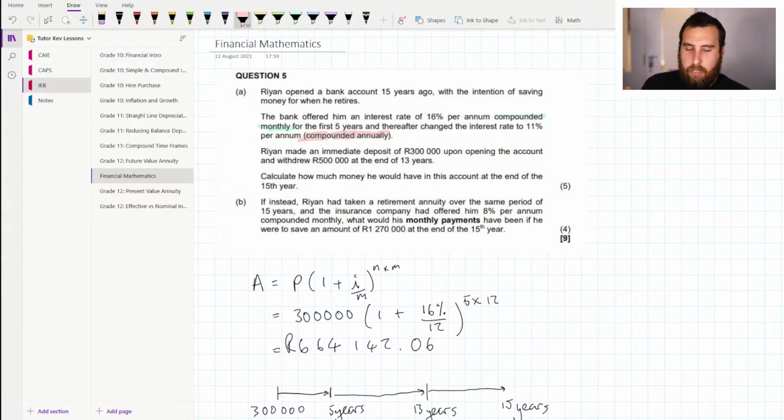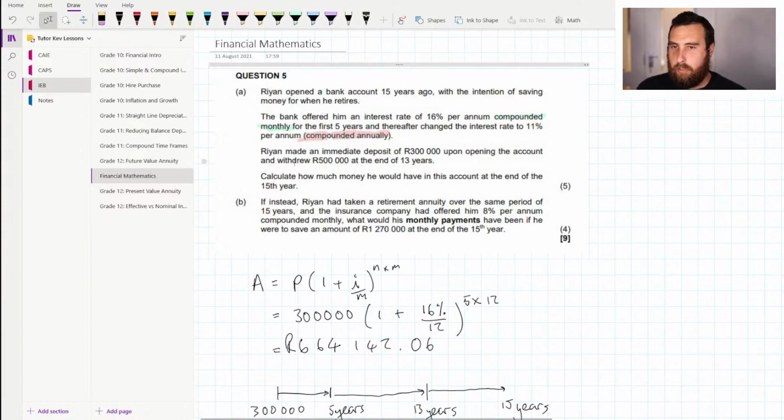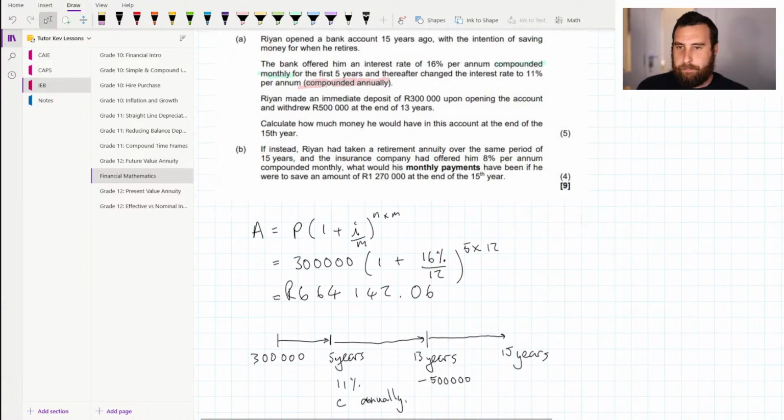And then a present value annuity is about having a certain amount of money that you'll use for a whole lot of repayments later. Okay, that's the general idea behind it. We'll come to questions on those shortly. In fact, we have a question on future value coming up right now. And then hopefully the next question will be on present value annuities.